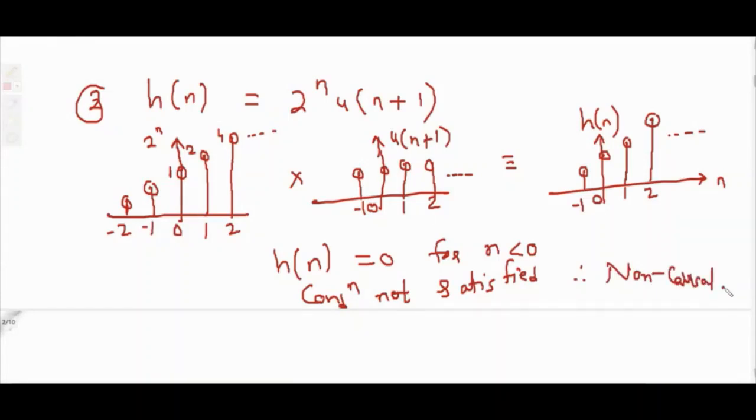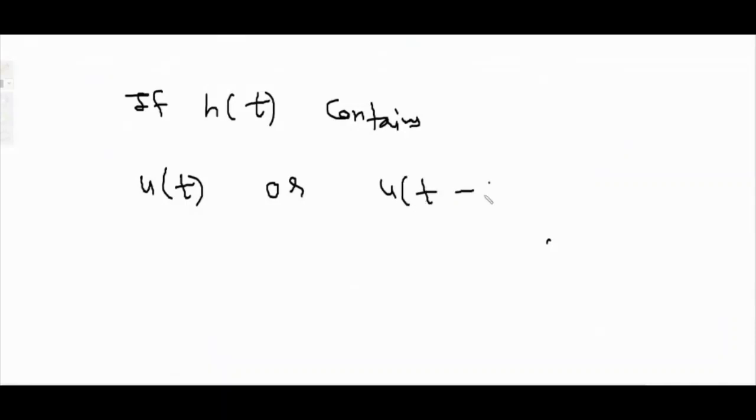So if h of t contains u of t or u of t minus alpha only, then the system is causal.